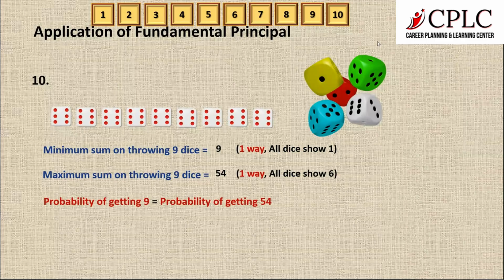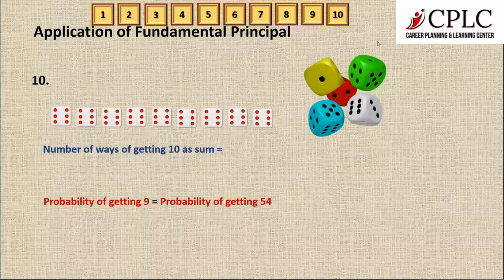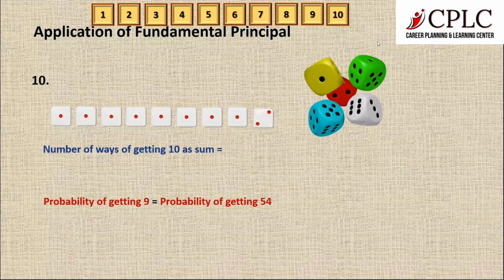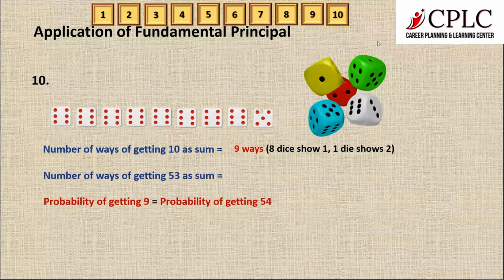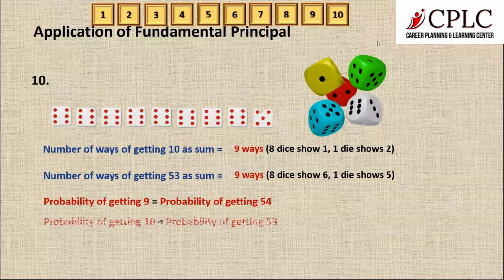Now, I can also say that probability of 9 is equal to probability of 54. So, in this way, I can form a pattern. Number of ways of getting 10 as sum is equal to 9 ways. Number of ways getting 53 is also 9 ways. So the pattern is probability of getting 9 is equal to that of getting 54.